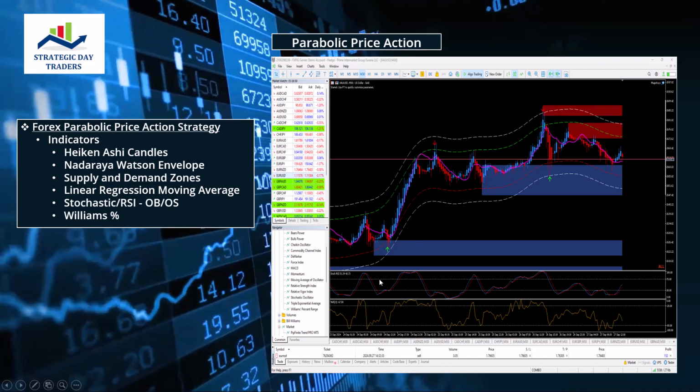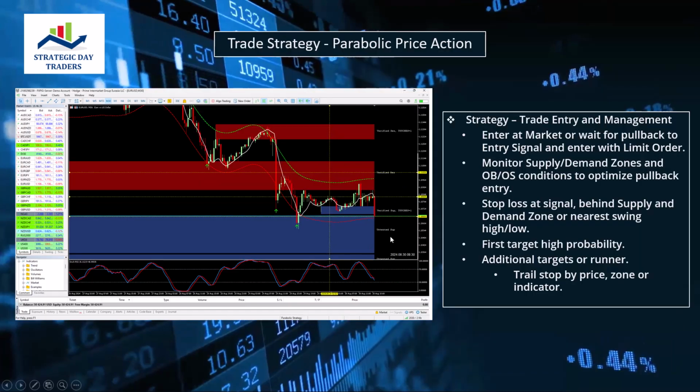I'm looking for overbought or oversold conditions. And then once I'm in a trade, I'm looking for sustained momentum to help follow through on the Williams %R, and then typically get out either at the opposite edge of the envelope or at the edge of a supply or demand zone that is coming up.